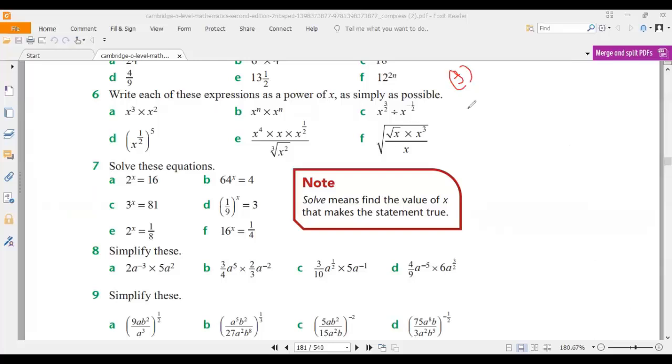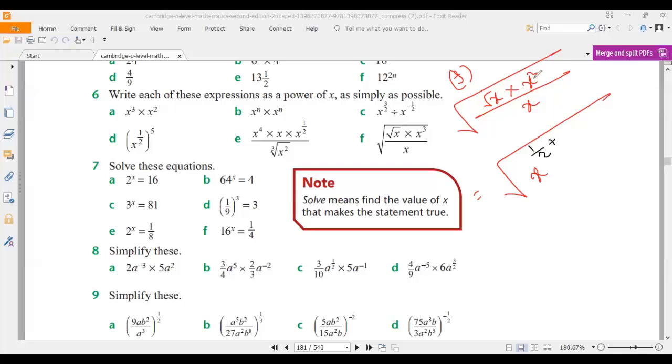Now number F. Number F says square root of (square root of x multiplied by x cube divided by x). So instead of this, we can write square root of x will be x to the power 1 by 2, plus x cube. From this power we can write plus 3 minus 1.